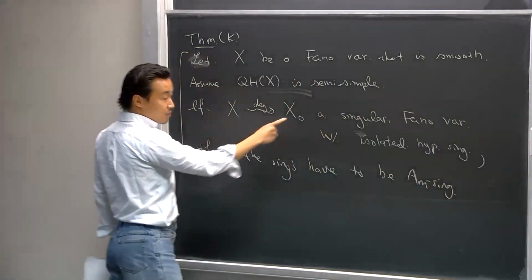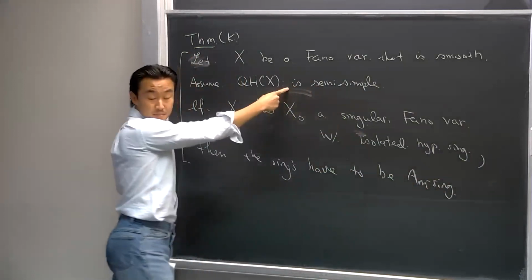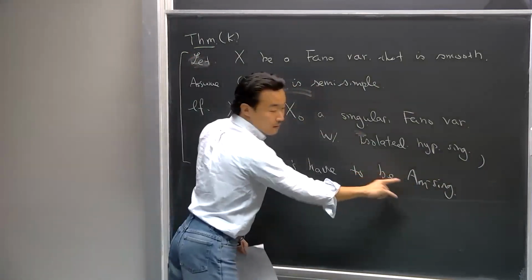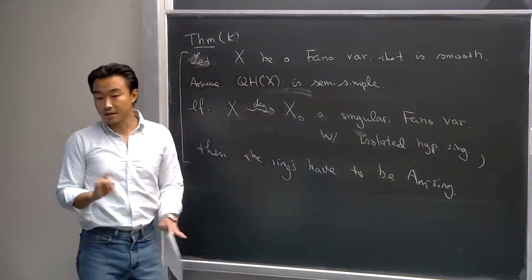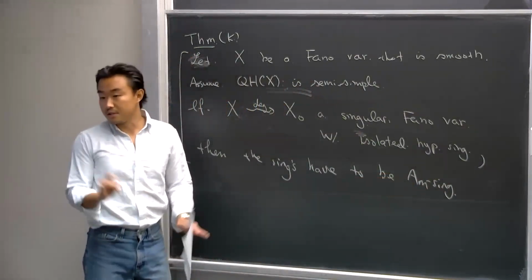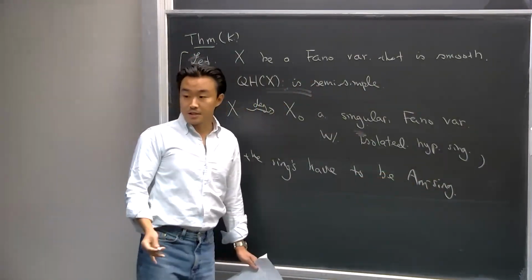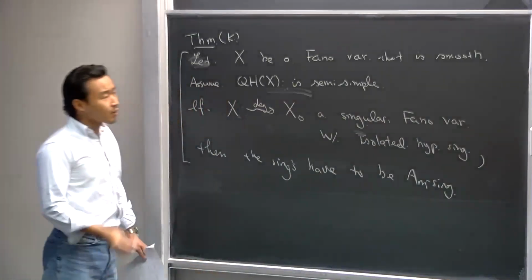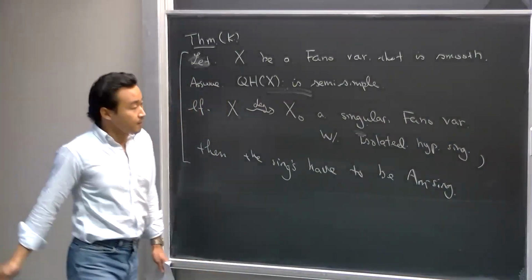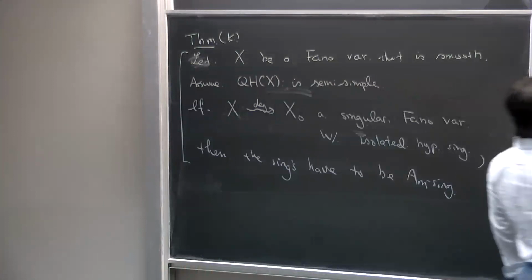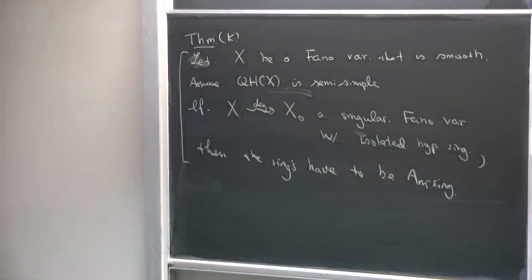So under this semi-simplicity assumption, you're not going to have D singularities, E singularities at the end, or any T_{pqr}. It has to be an A-type singularity. So I'll get back to the result of Duval that I wrote here.